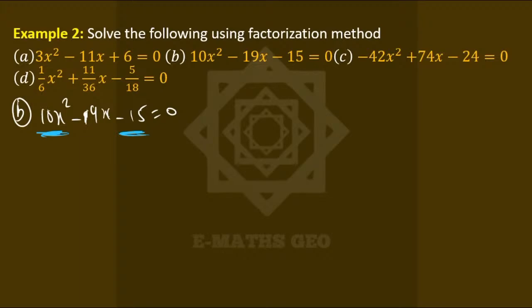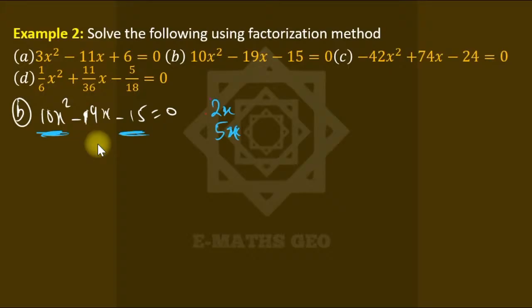The two factors that can multiply to give me 10x squared: let me use 2x and 5x. Yes, the product will give us 10x squared.